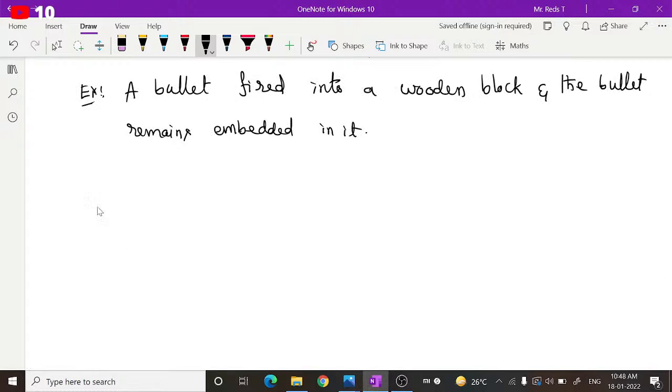I will draw two simple diagrams here, then you can understand the meaning of line of impact. To understand this, you should know the meaning of line of motion.